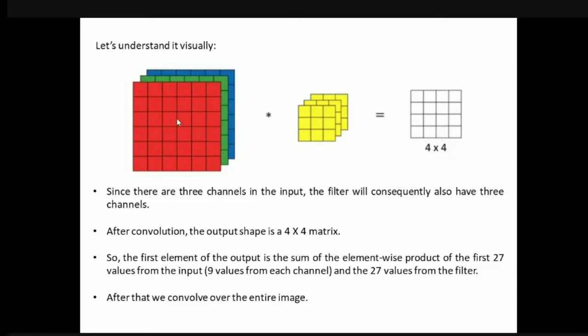We do an element-wise product with the 27 values of the filter: the first 9 values in the R channel with the first channel of the filter, which is in yellow color, the second 9 values in the green channel with the second channel of the filter, and the last 9 values of the blue channel with the last channel of the yellow filter.